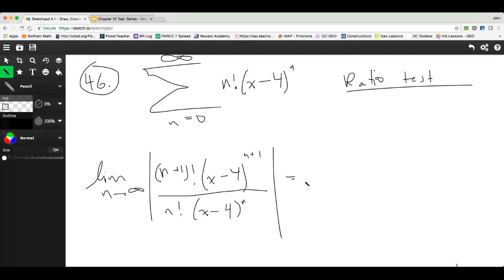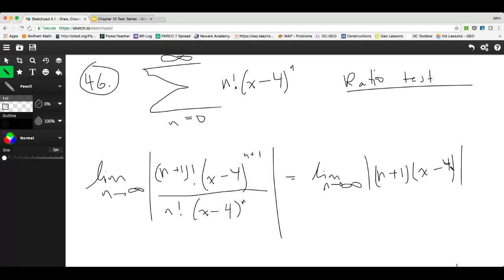Simplify. This becomes the limit. And Alex, just let me know if something doesn't make sense so far. You can type it right in the box. But you cancel these out like as we did before, and you obtain the term n plus 1 times x minus 4 in the numerator. We have absolute value.